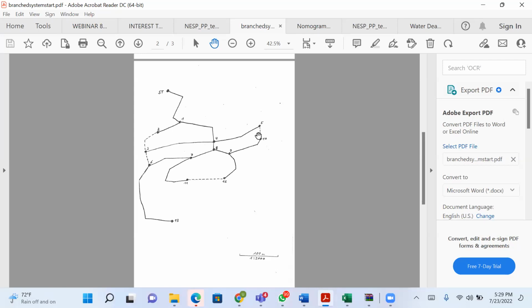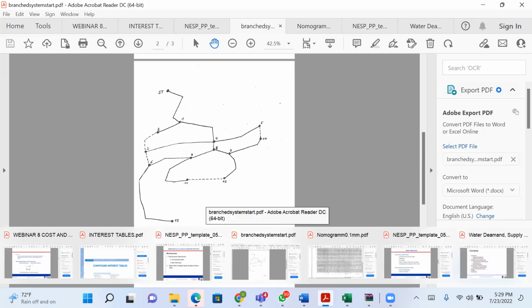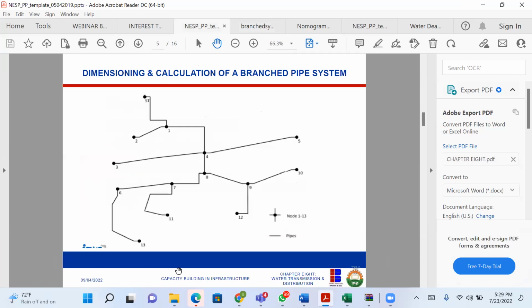But if I remove the dotted lines, it will be a branch system. So this is what the branch system looks like. It's the same map. The dotted lines is a loop system. Without the dotted lines, it's a branch. So you can see that this is like a 3 branch.